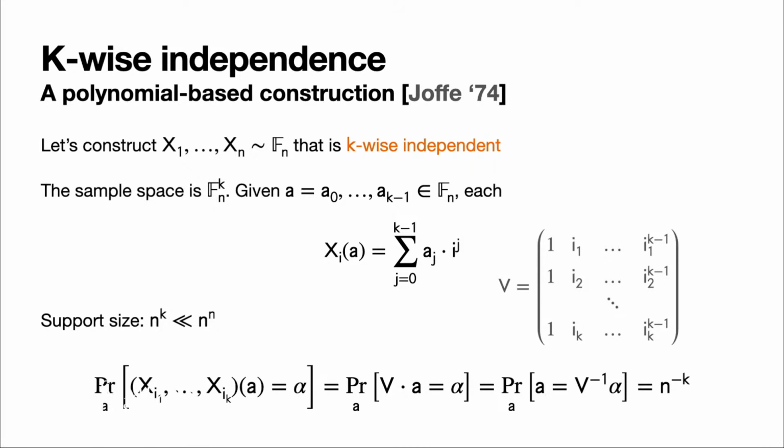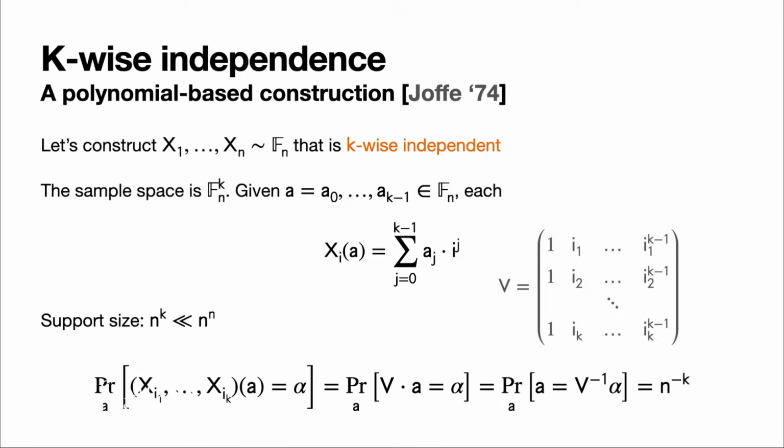Okay, so a very simple construction of a k-wise independent distribution. Let's see. There's another way to do it, right? Like if you think of it as a polynomial. Right. As a low degree polynomial, any k minus 1 points on it are distributed uniformly. That's another way to see it. Right. Thank you.